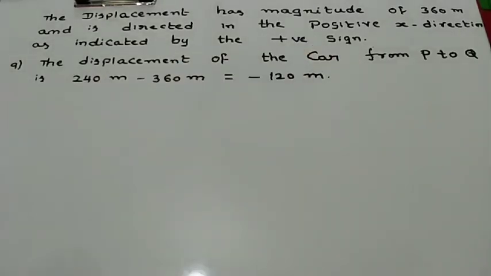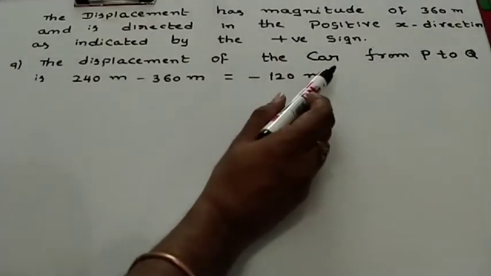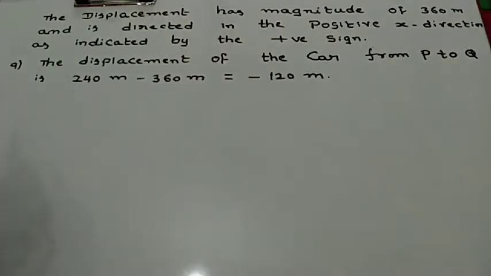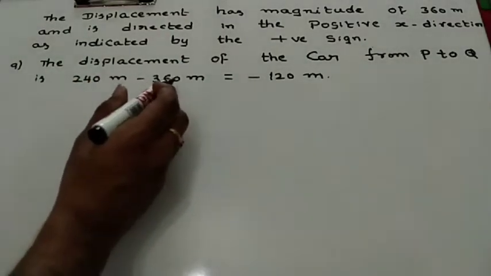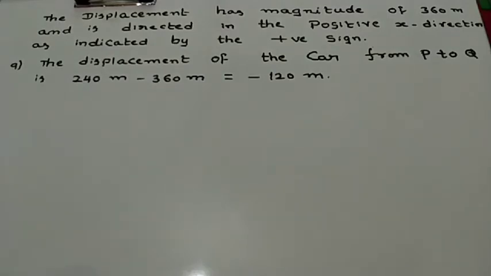Once again I am repeating, the displacement of the car from P to Q is 240 meters minus 360 meters, that is equal to minus 120 meters.